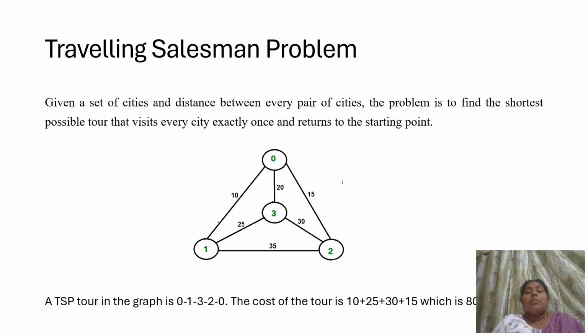The basic concept behind the traveling salesman problem is that we have to find the best tour such that each and every city is visited exactly once and it returns to the starting point. That is the main concept.